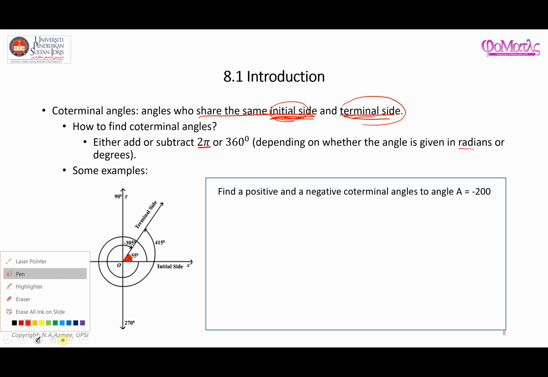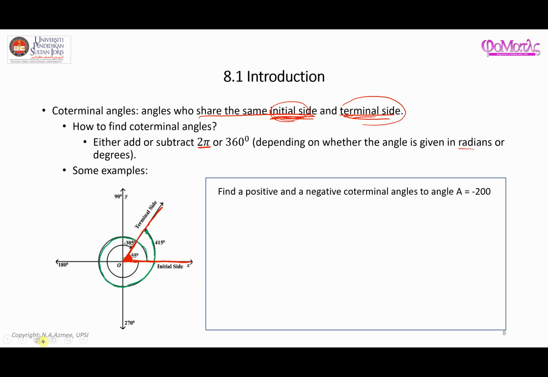So if you look at this, this is the initial side, and it goes in this direction, going further down, completing the circle, and ending up on the same side as 55 degrees here. Let me highlight the terminal side for 55 degrees. This is the terminal side of 55 degrees. This is the initial side of 55 degrees.